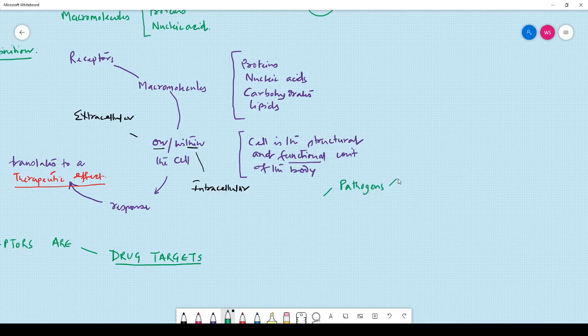These pathogens may be microorganisms. Organisms like bacteria, fungi, viruses. So we have antibacterial drugs.